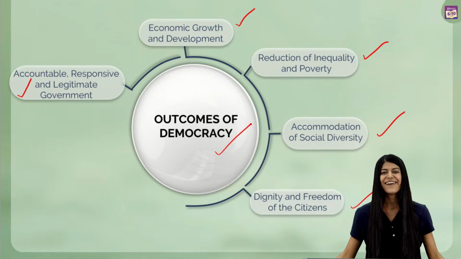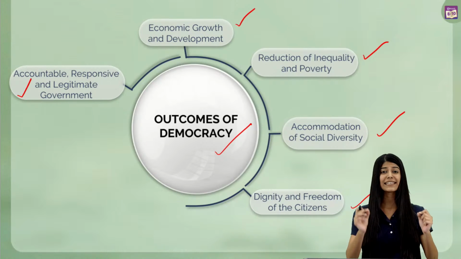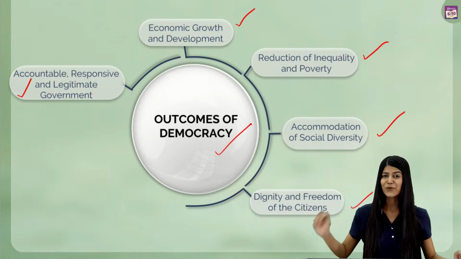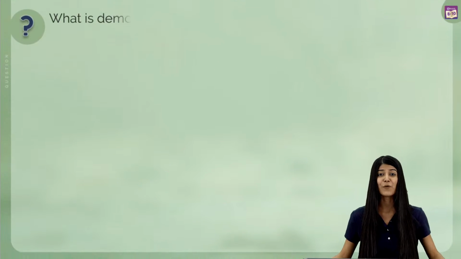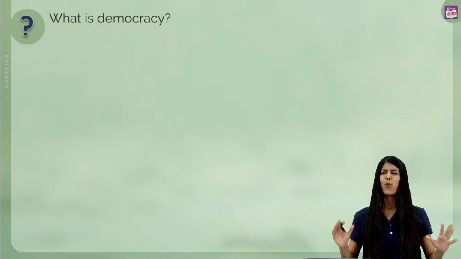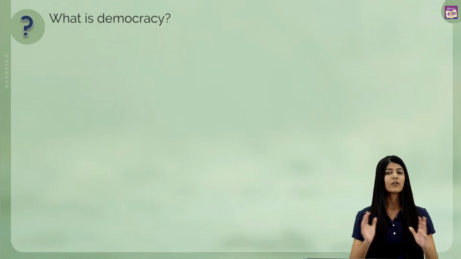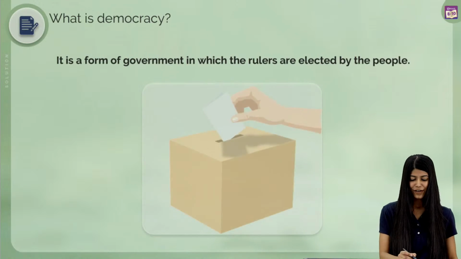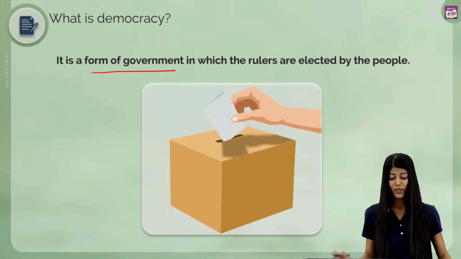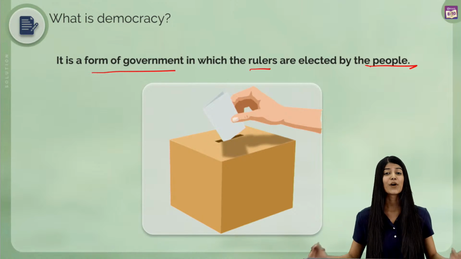Hello Yogi. Alright, so this is the mind map through which we will be understanding and analyzing the outcomes of democracy. Now for a quick warm-up, let's have the very first question: what is democracy? I am sure that you have come across this word a lot, but what is it? It is a form of government in which the rulers are elected by the people. What does this mean?